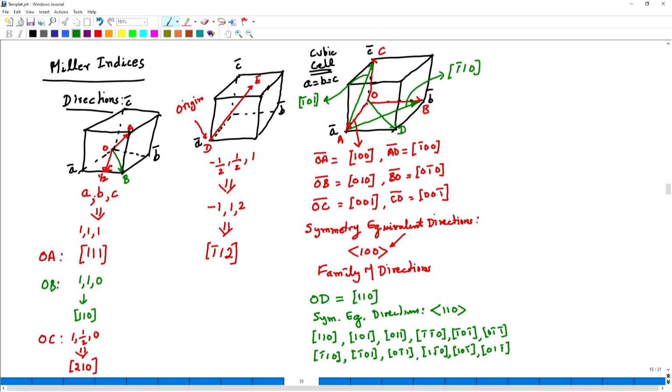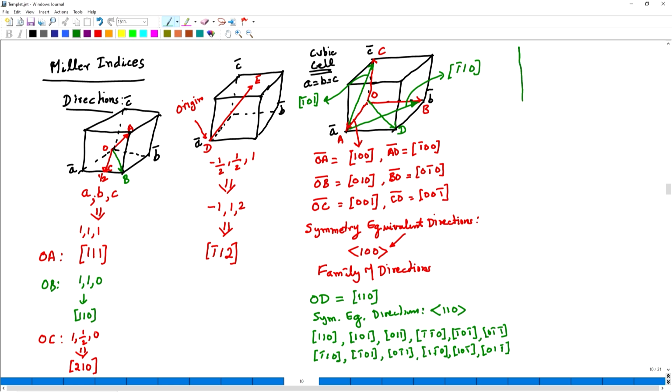Now, sometimes we may want to give an absolute magnitude for a particular direction, because these are indices in which we are not bothered about the magnitude of the vector, we are only bothered about the direction of that vector.